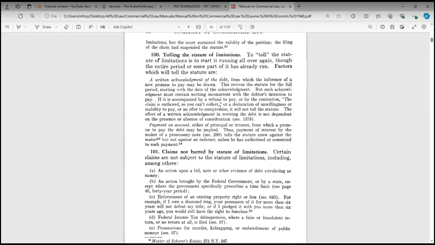Well, right here, they're saying a declaration of unwillingness. Well, really, an inability to pay. At least not inability to pay the amount that you were paying.